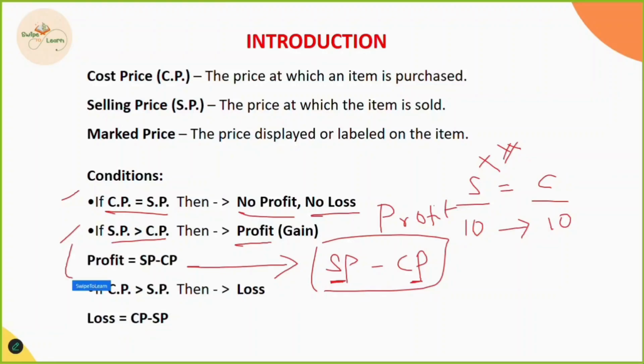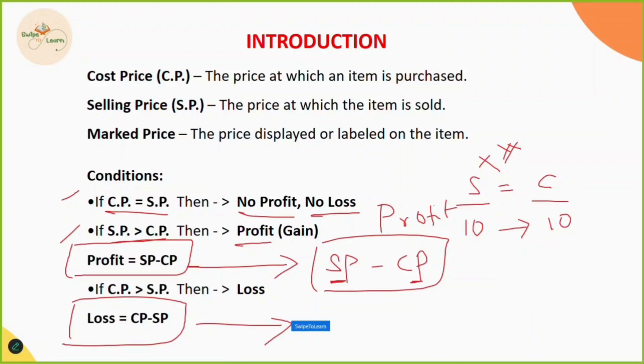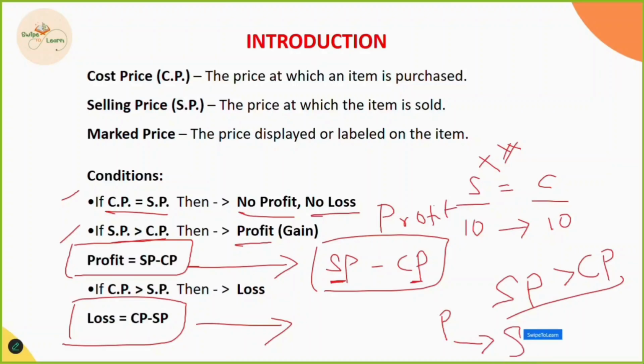So profit is calculated as selling price minus cost price, and the loss is calculated as cost price minus selling price. If selling price is greater than cost price, there is a profit, calculated as SP minus CP. Similarly, if cost price is greater than selling price, then there is a loss, calculated as CP minus SP.